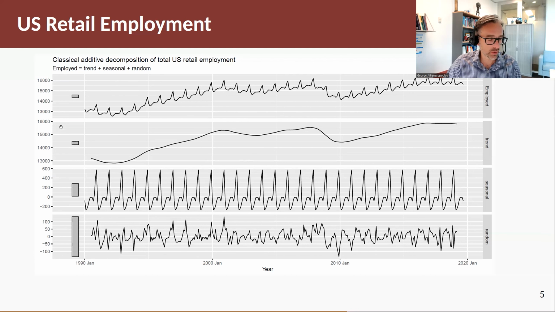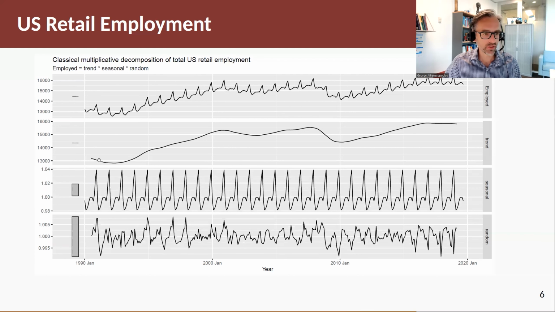Notice the scale of our components. The scale of our trend cycle component is in the same scale as our original data, and to this the seasonal component will be added. In a multiplicative decomposition, the scales for the seasonal and the remainder are different, in that these scales show you by how much you would inflate your level to get back to the original time series.